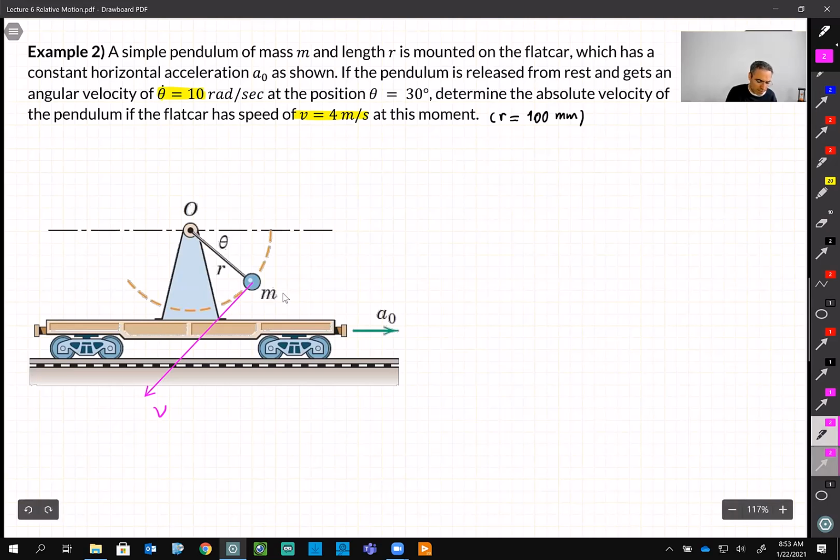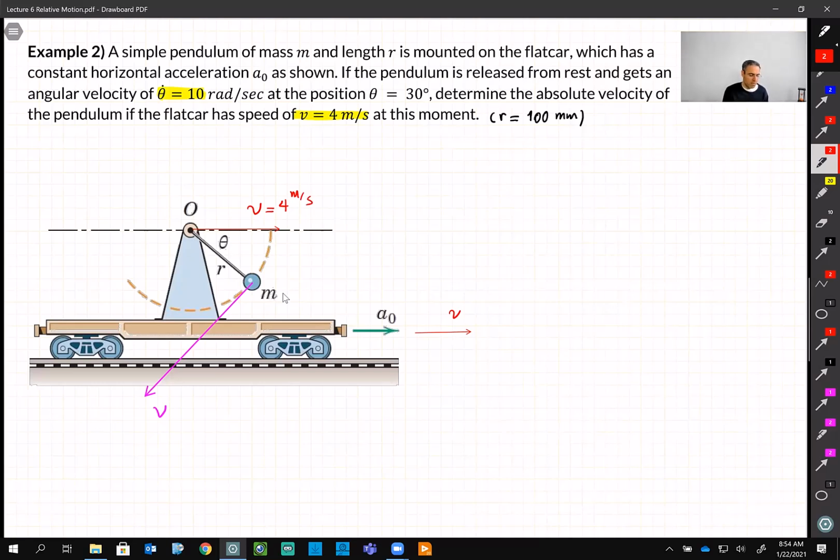And also you have the velocity of this guy. But whatever the velocity of this guy is, this point is going to have the same velocity because they are all attached together. Then I have this point, meters per second. Okay. And continue with the rest.